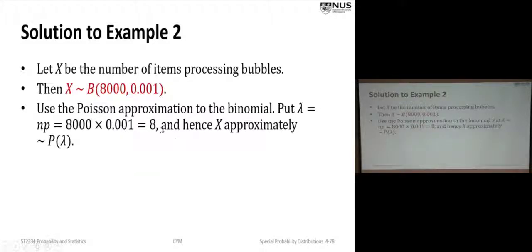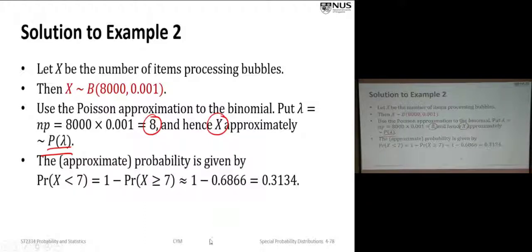So n times p is 8. Therefore, you can consider x to follow approximately a Poisson distribution with parameter equal to 8. So the probability of x less than 7, you can work out from the statistical tables or from a computer program.